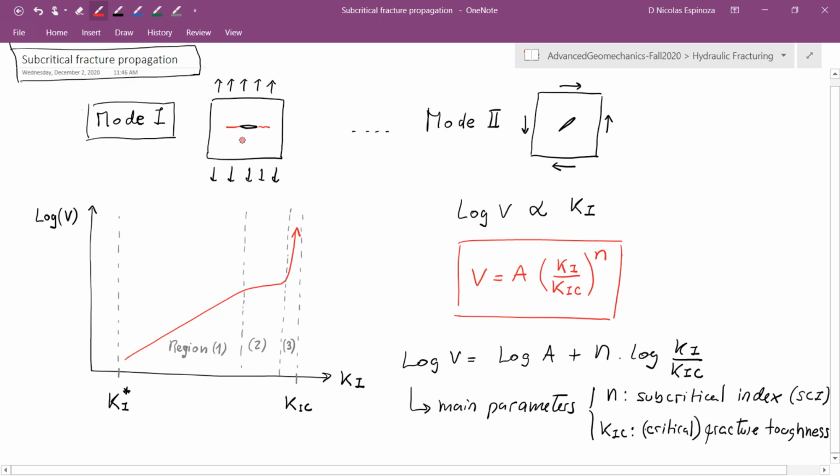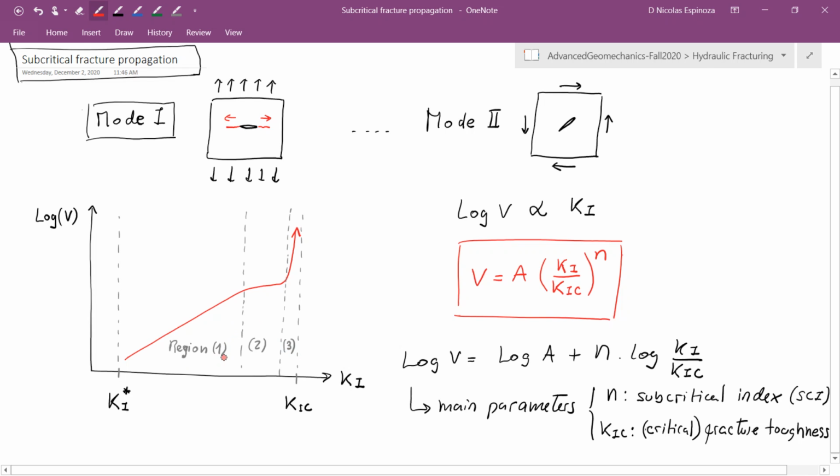Well, it turns out that the velocity at which this fracture propagates is a function of the stress intensity factor, Ki, so that the logarithm of the velocity usually shows a signature that goes more or less as the drawing that you see over here, divided in three regions.